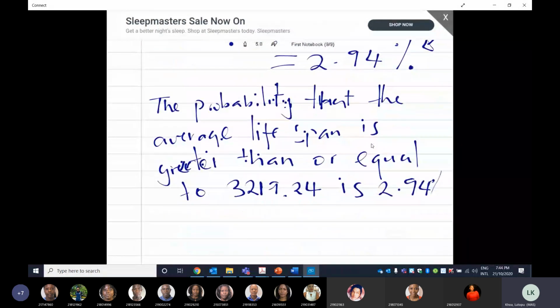Okay, so that is how you would answer it. And this does make sense because we are told that the average is around 3,000, and we want to work out the probability of getting a sample whose average is greater than 3,200.